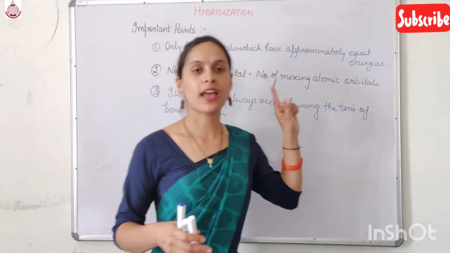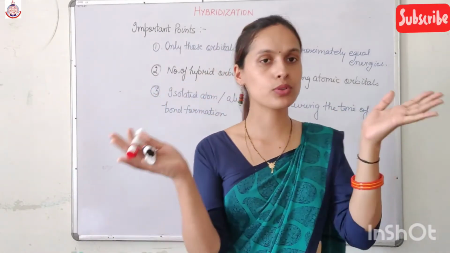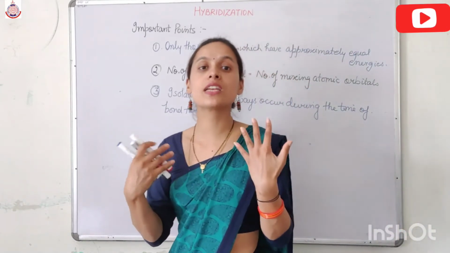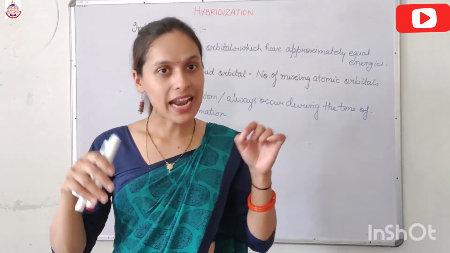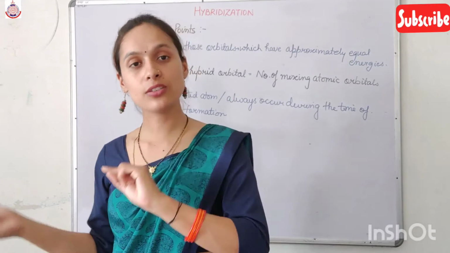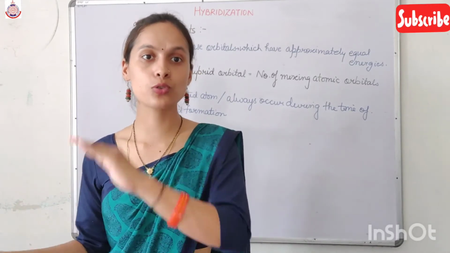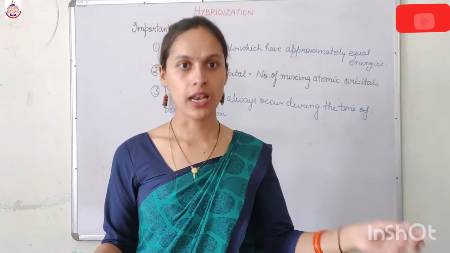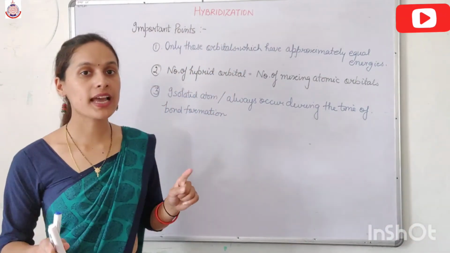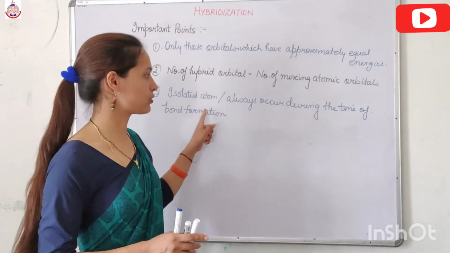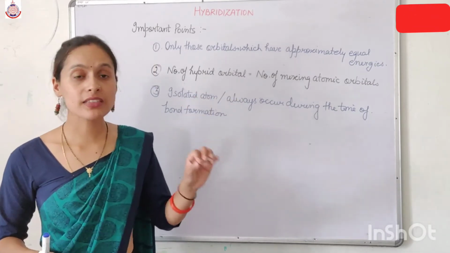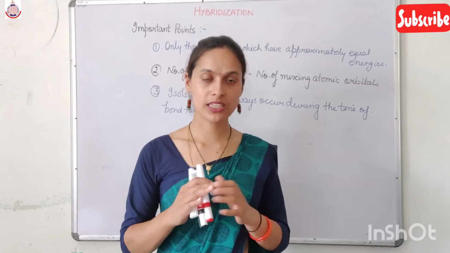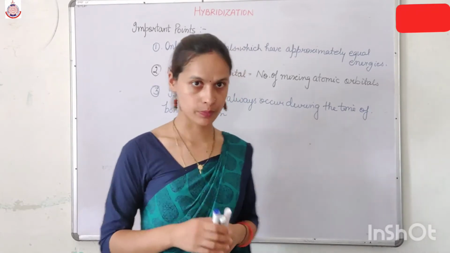In VBT, we have studied that when atoms come close to each other to form a molecule, a large amount of energy is released by the atoms, and that energy is utilized by the electrons to move from one atomic orbital to another atomic orbital. Because of this, hybridization never occurs in an isolated atom. It always occurs during the time of bond formation.